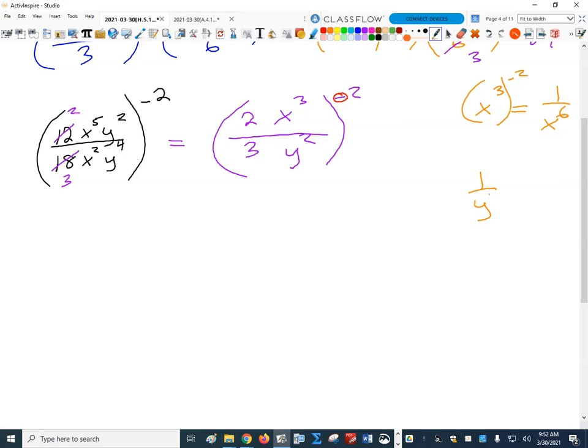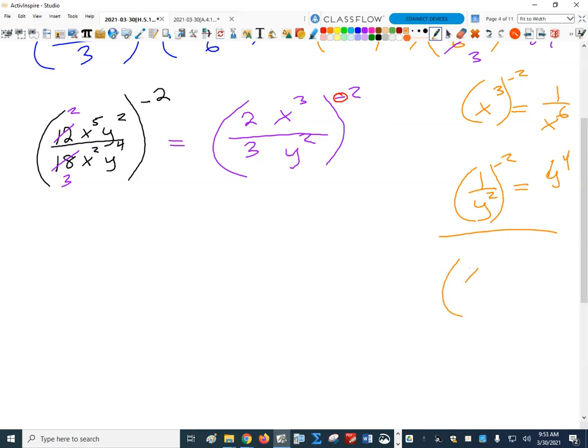What's 1 over y squared to the negative 2? It'd be y to the 4th, wouldn't it? It's 1 over y to the negative 4th. So that's the same as y to the 4th. Okay, so now what if I combine those two ideas? And then I'll let you out of here.